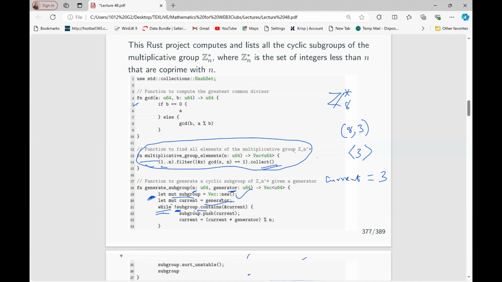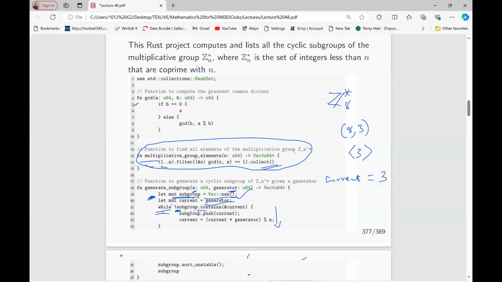Remember, we began with a subgroup which is empty. Our current is 3. While the subgroup does not contain 3, which is the case now, because our subgroup is still an empty vector.